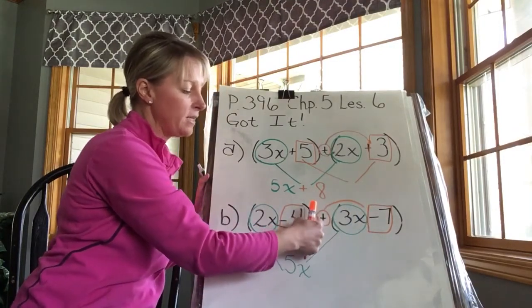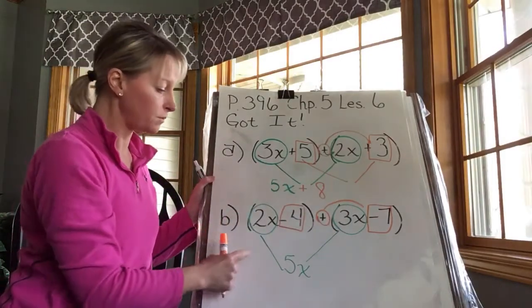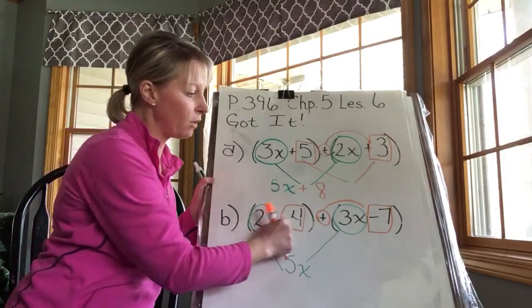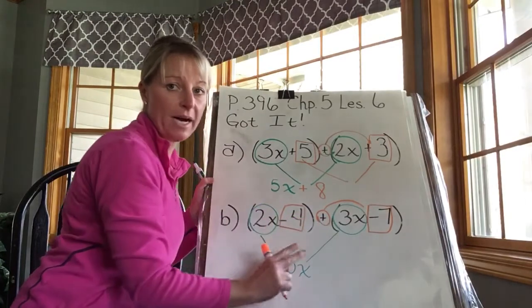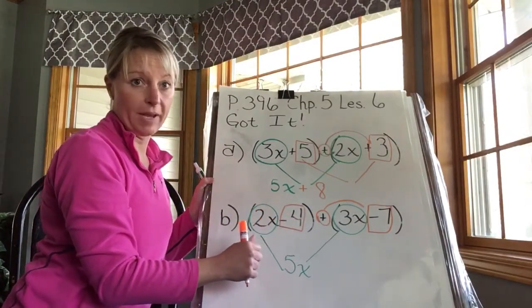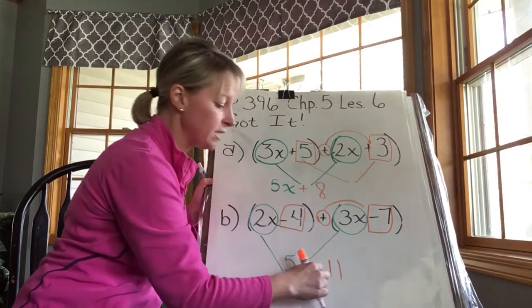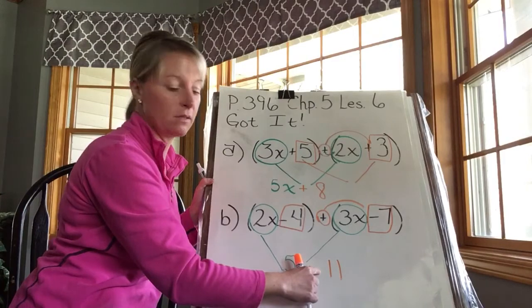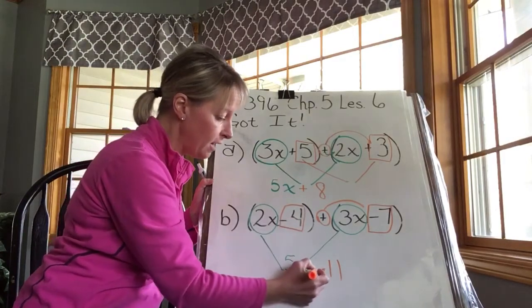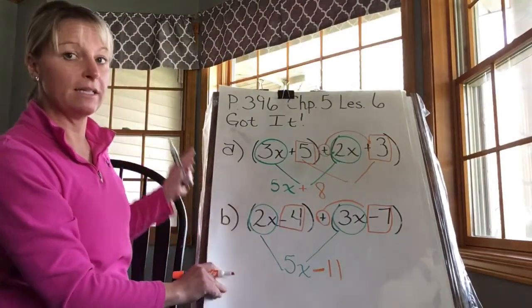When that sign is in front of parentheses, it's like you're multiplying it through. So if I have a negative 4 and a negative 7, if I add those, 7 and 4 makes 11. Now what sign do I put here? You bring down the negative sign. So your answer would be 5x minus 11.